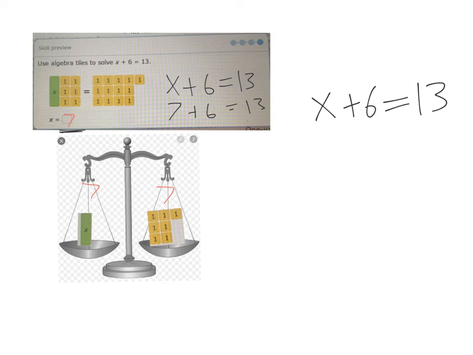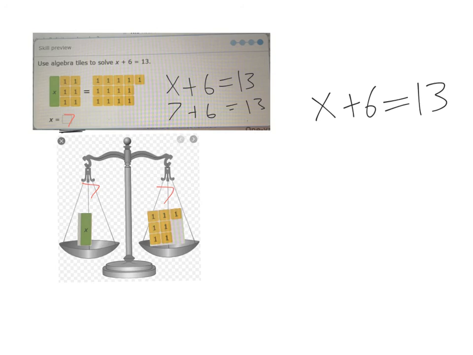I'm going to show you how we can do it on paper without the visual, although it's the same concept. So we're looking at our scales here. On one side of the scale, or one side of the equal sign, we have x plus 6. On the other we have 13. We want to know only what x equals. So we need to get rid of this plus 6. But if we take 6 away from this side, we have to take 6 away from that side as well in order to keep the equation balanced.